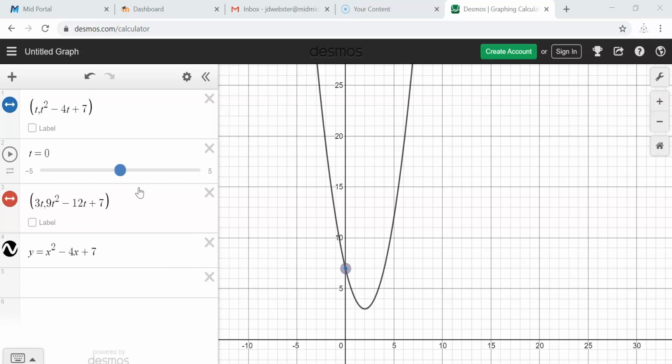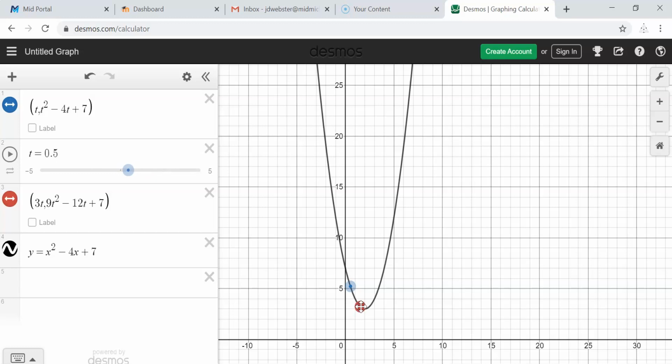Now what you're going to notice is that when t is 0 here, the dot is right there. As you move to the right, as you increase your x value, notice that that red dot is moving further. I misspoke. As you move to the right, you're increasing your t value.